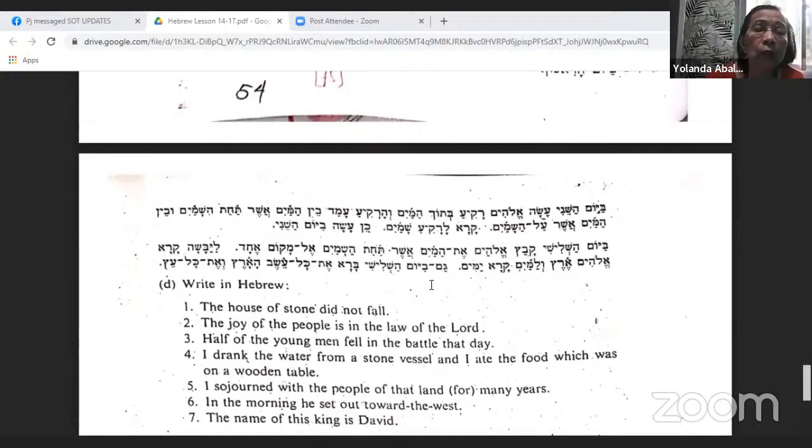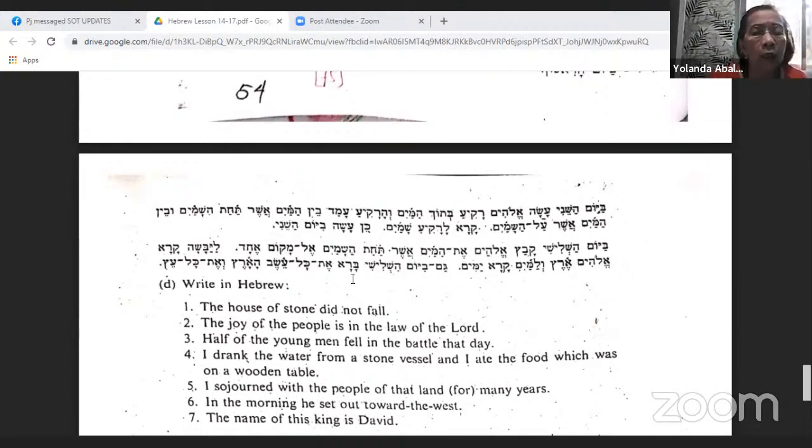Gam also, bayom, on that day, Hashlishi, on the day the third.